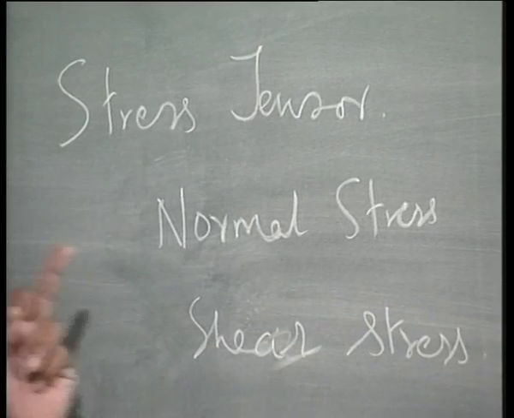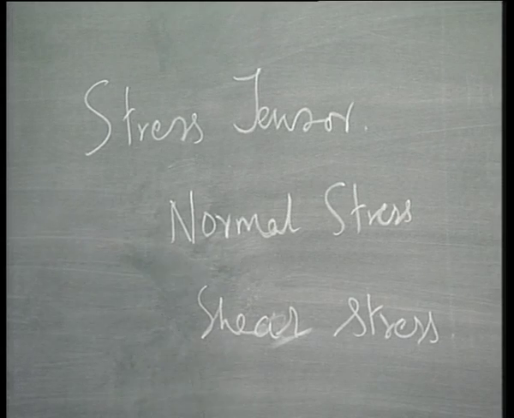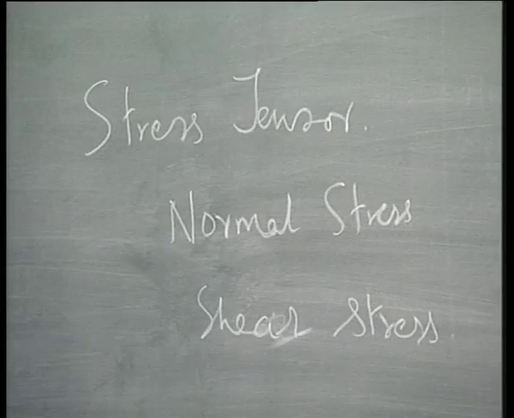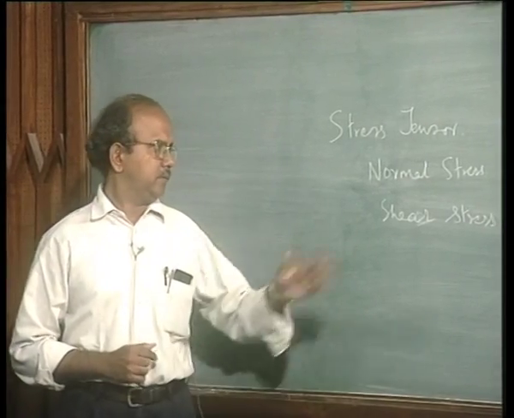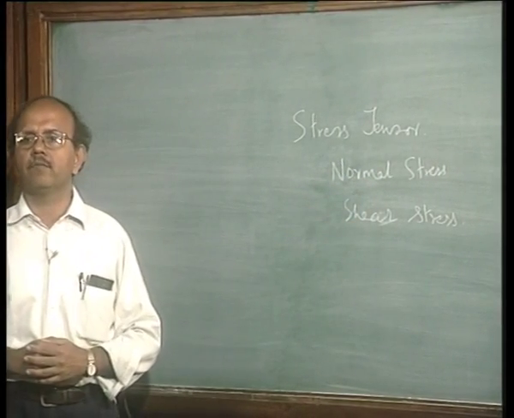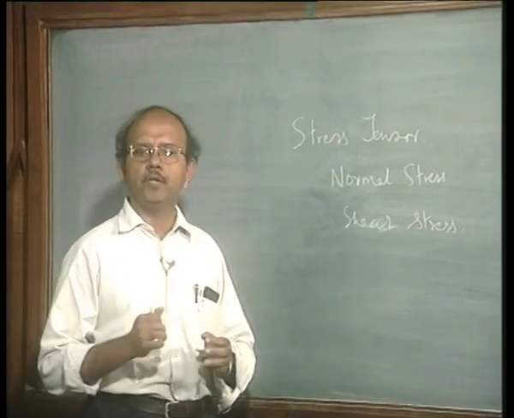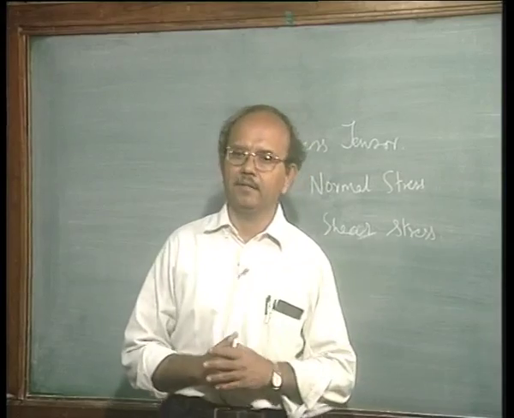How is that related to what we have studied? There can be a question in your mind. In other words, you would have studied about principal stress and so on. We will come to the principal stress in a minute, but before that let us see what normal stress and shear stresses are. Please note that we started our discussion by defining what is called a stress vector.